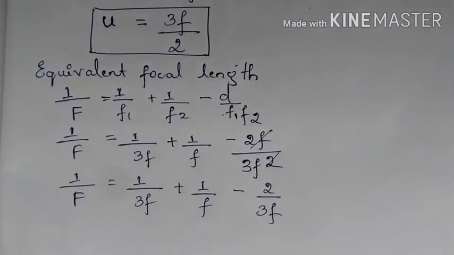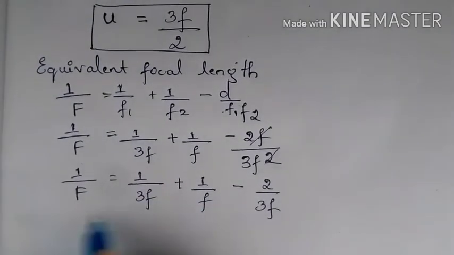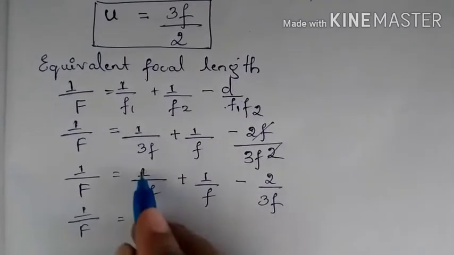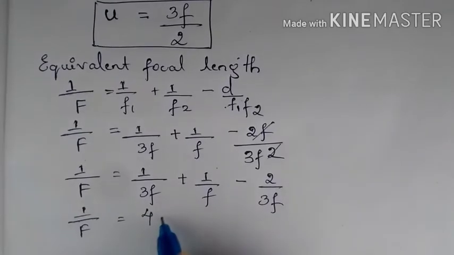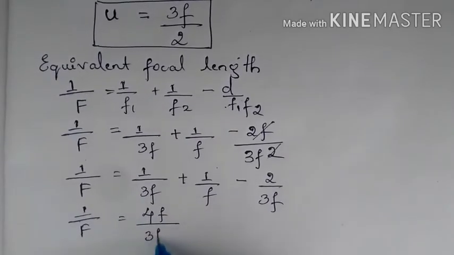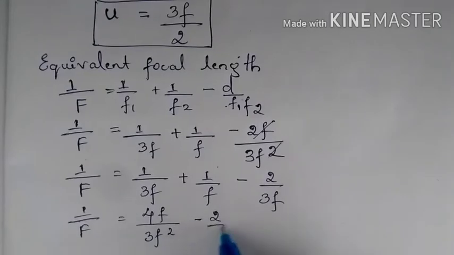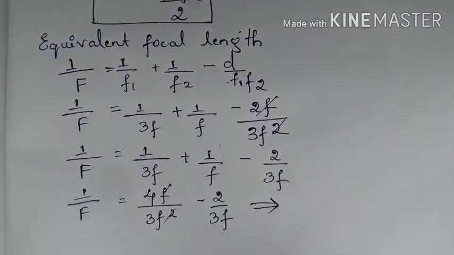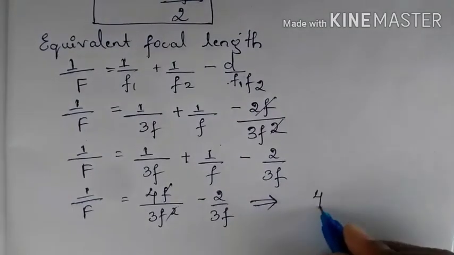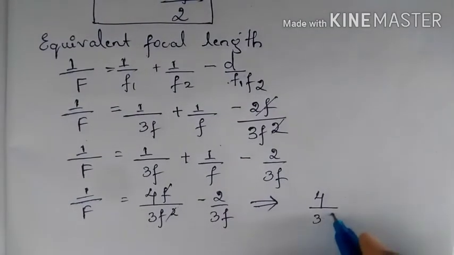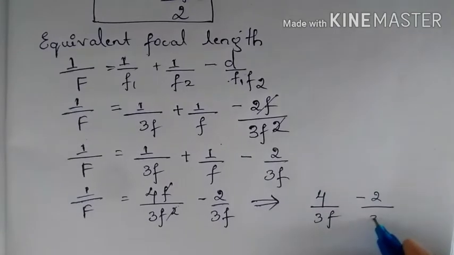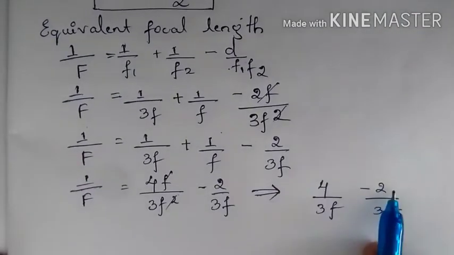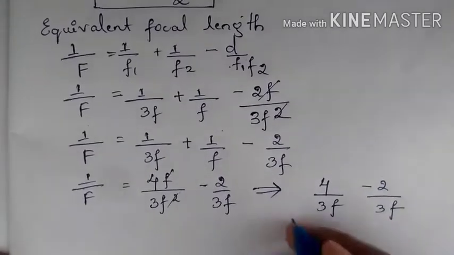So if you solve this, first take the LCM of two terms. 1 by f is equals to f plus 3f, that is 4f by 3f square minus 2 by 3f, and here f will get cancelled. What remains is 4 by 3f minus 2 by 3f. So denominator is same. So 4 minus 2 is 2 by 3f.